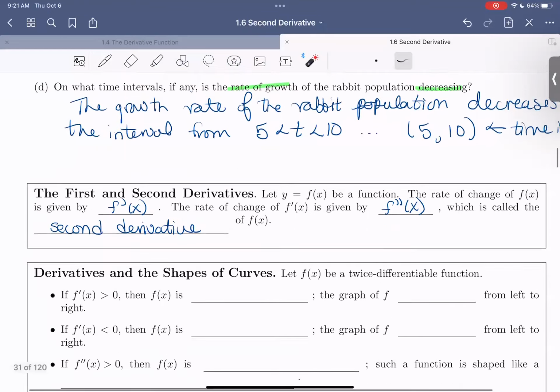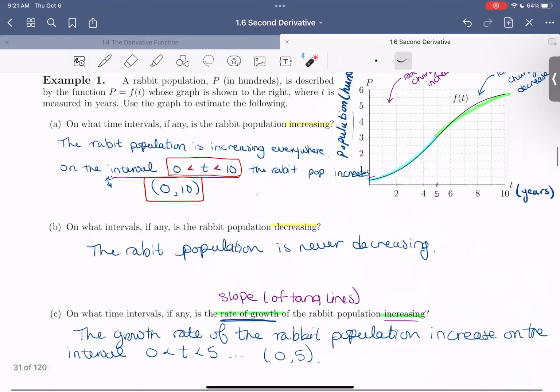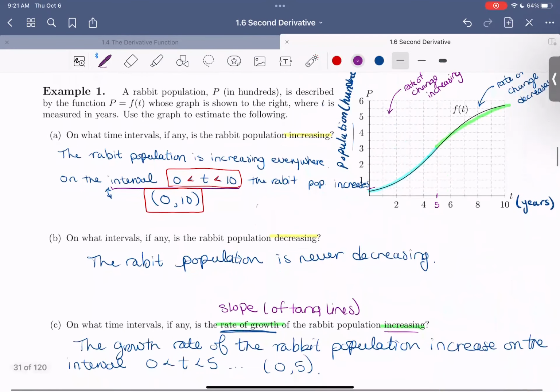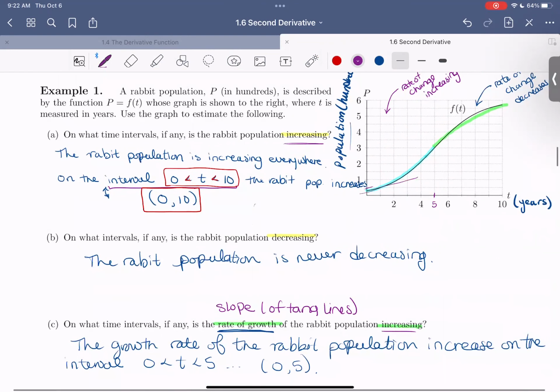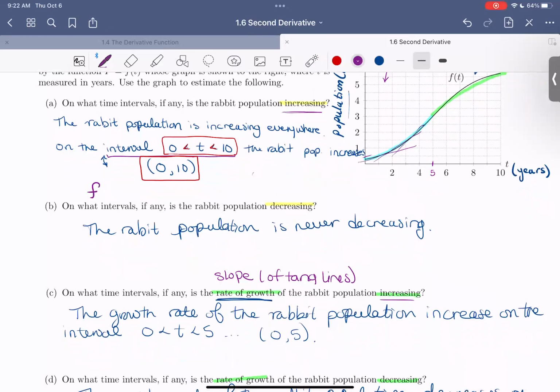So now let's look back at our example with the rabbits and see if we can put some of this new notation that we learned on these questions. In question 1, we're looking at increasing or decreasing of our function f of t. What we can observe is that if our function is increasing, then the rate of change is positive, which would mean that our derivative is bigger than 0.